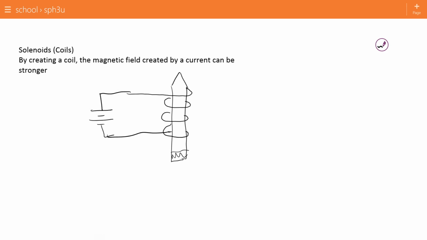Then what we're going to see is that on the right-hand side of the pencil, we've got wires that are consistently going into the page.